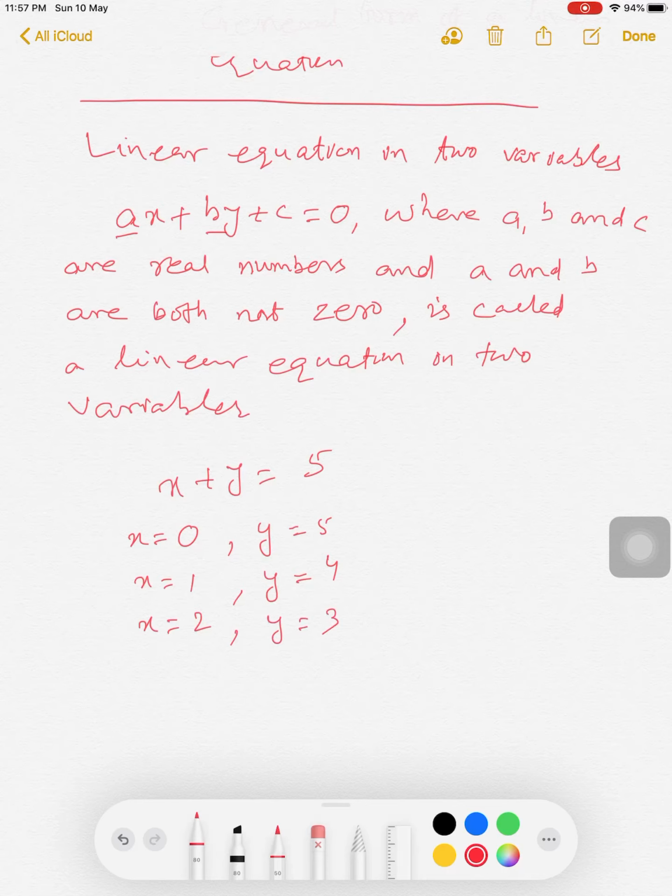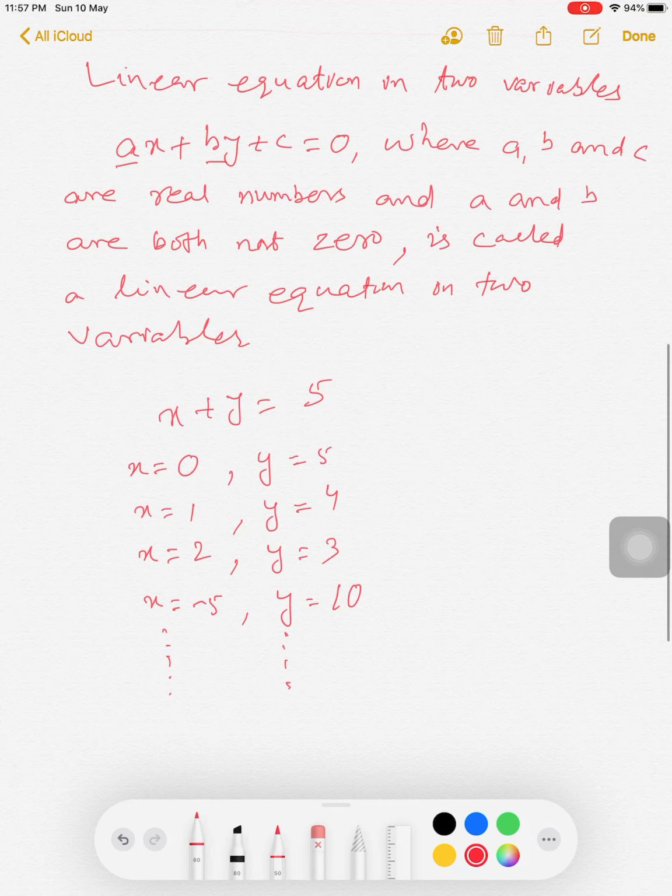Y equal to 5. If I take x equal to 1, then I have y equal to 4. If I take x equal to 2, then I have y equal to 3. In this way, if I take suppose x equal to minus 5, then I have y equal to 10. So in this way, I can go on writing an infinite number of solutions for this equation. So any equation in two variables has an infinite number of solutions.